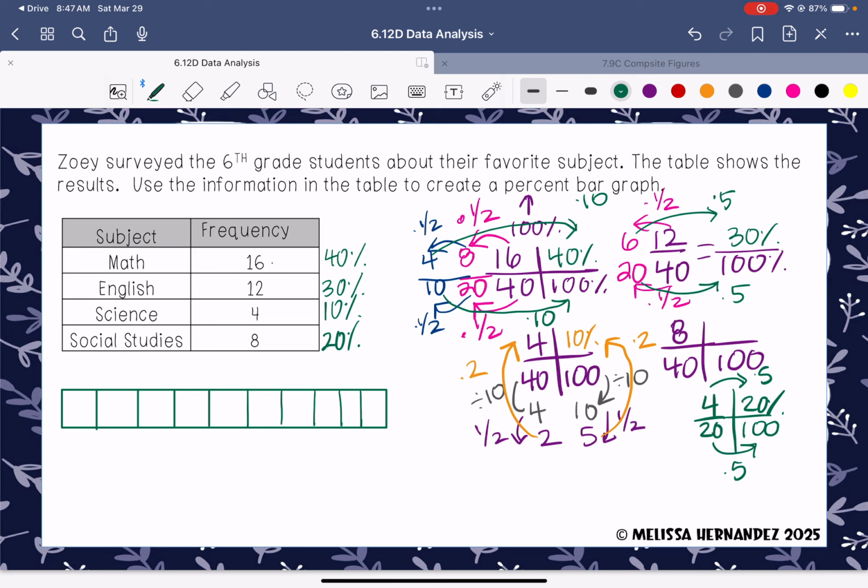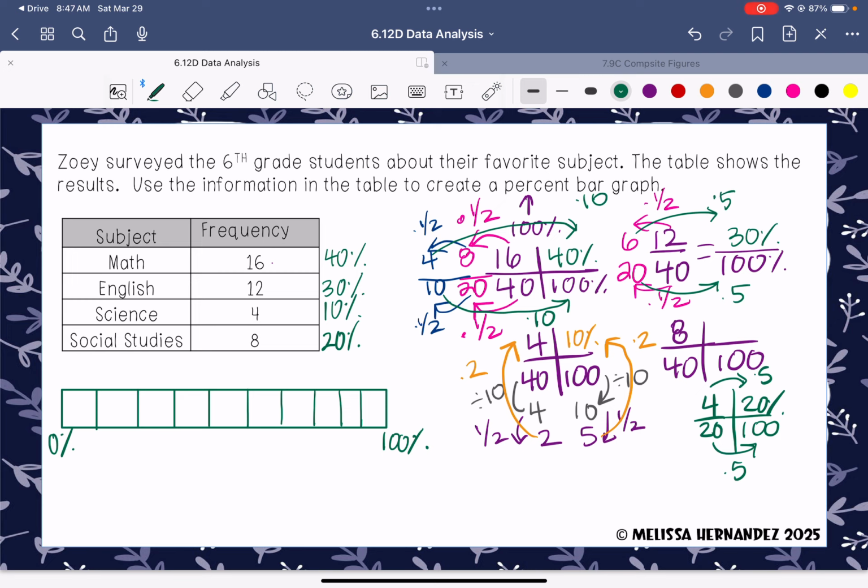Okay, so I should have 1, 2, 3, 4, 5, 6, 7, 8, 9. They should be perfect, but I apologize. You just have to bear with me. All of them are 100%. None of them are 0%. So if 10 pieces make up 100, that means each part is 10%.